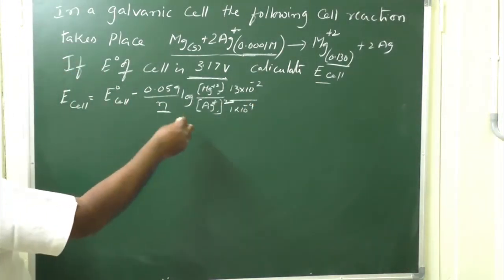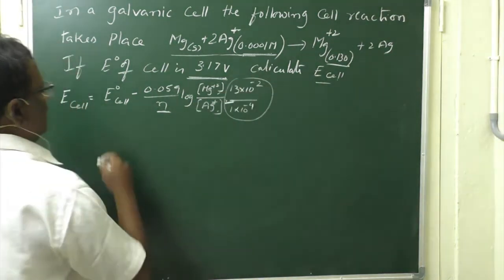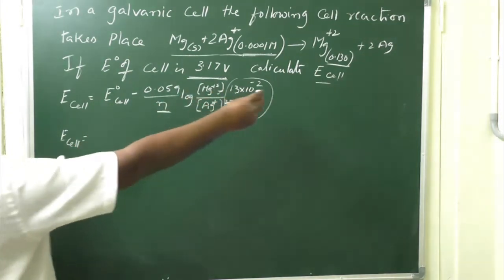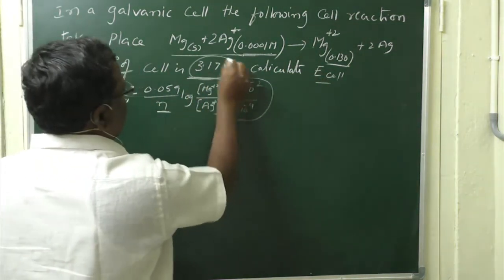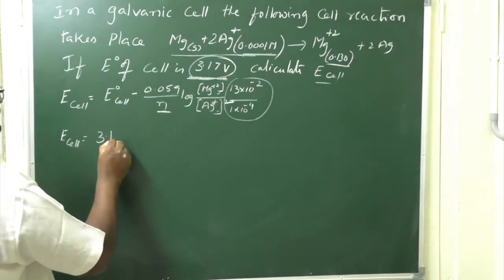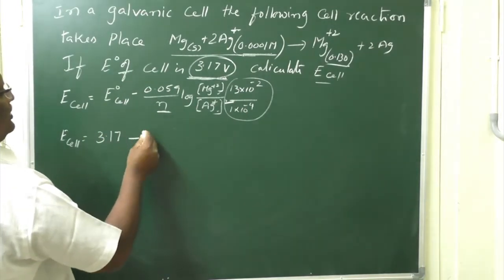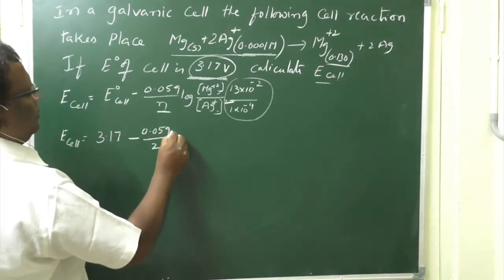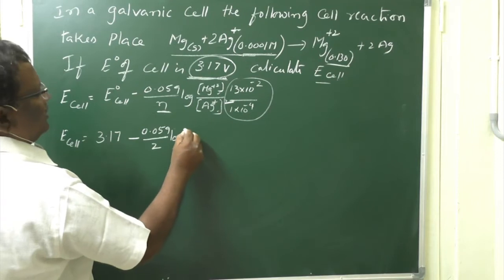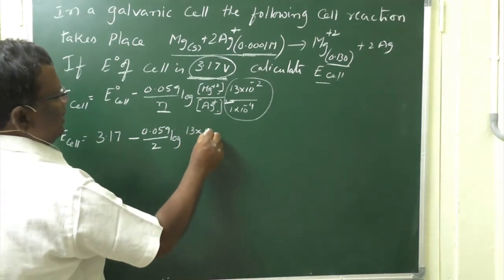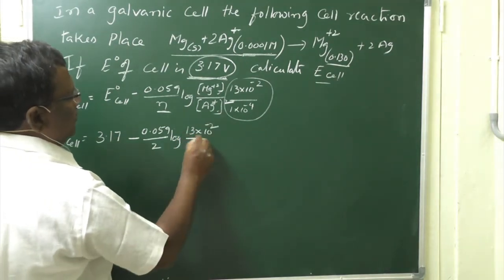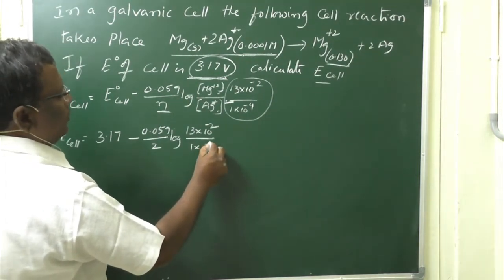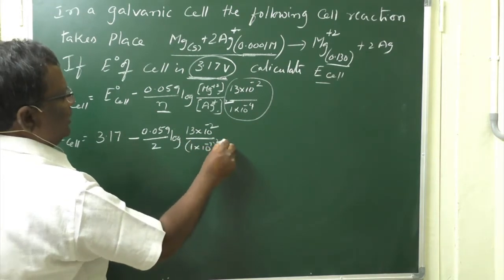So now let us substitute those values here. E cell is equal to E naught of cell, which is given at standard conditions, the EMF of the cell is 3.17 volts, minus 0.059 by 2 log 13 into 10 to the power minus 2 by 1 into 10 to the power minus 4 whole square.